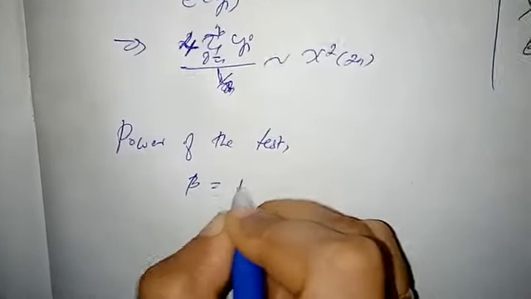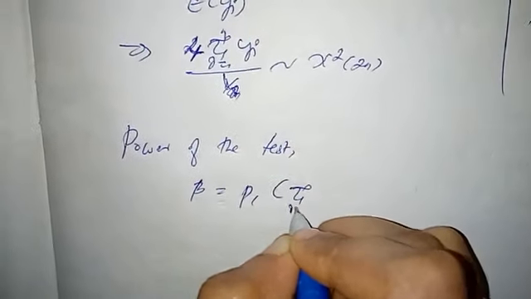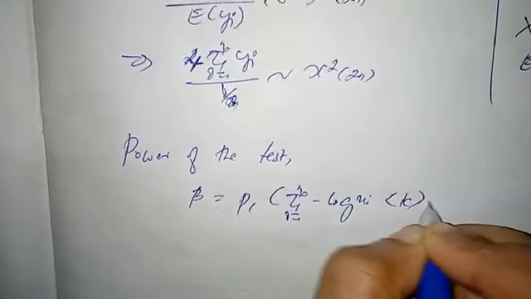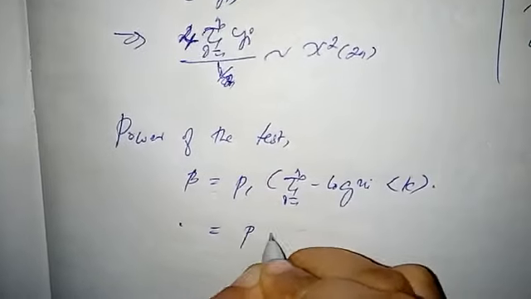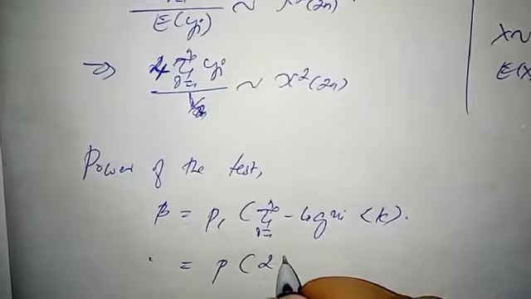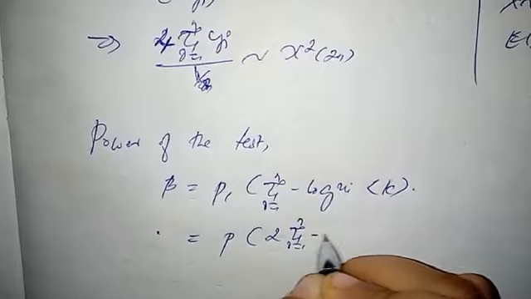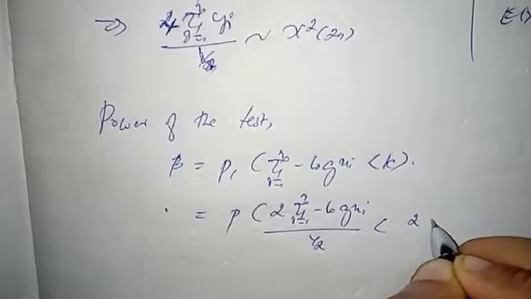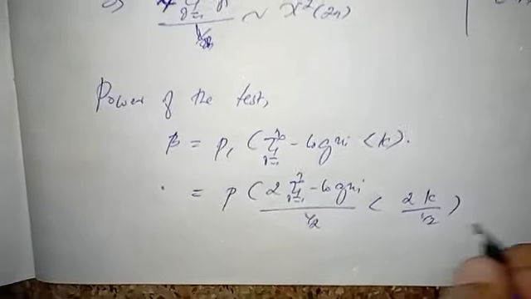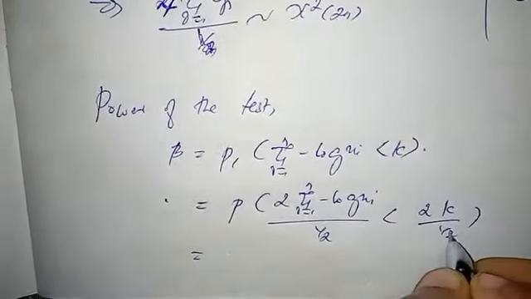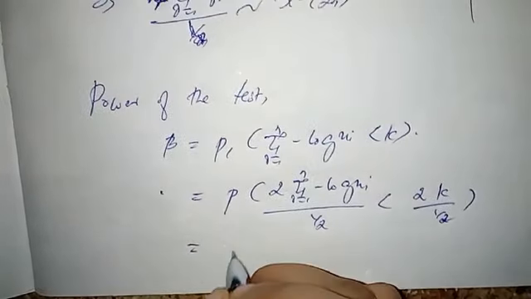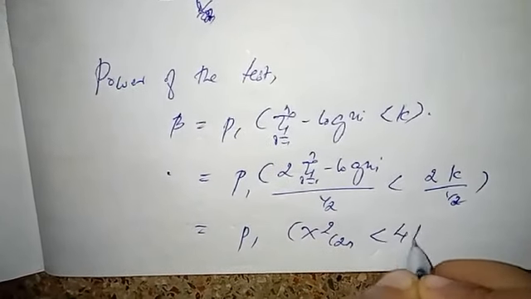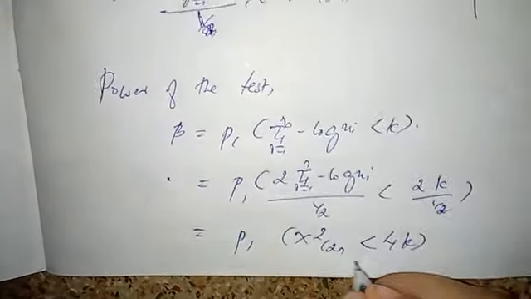That is beta equal to probability of summation i = 1 to n minus log xi less than k, which equals probability of 2 into summation i = 1 to n minus log xi divided by 1 by 2 less than 2 into k divided by 1 by 2, which is equal to probability of chi-square 2n less than 4 into k.